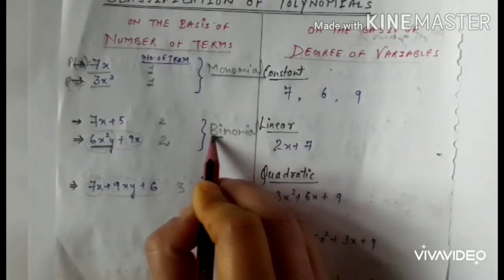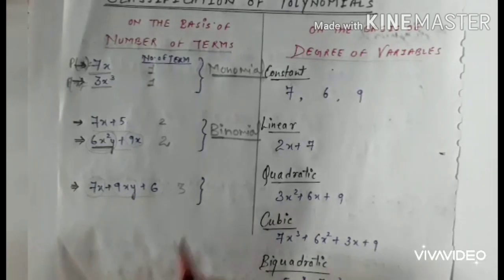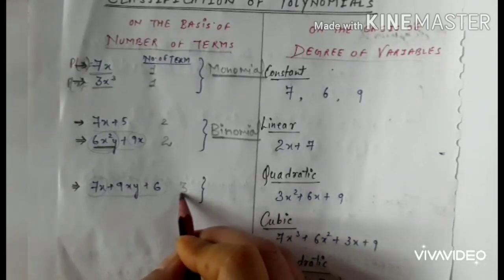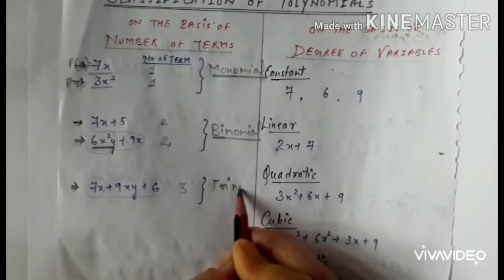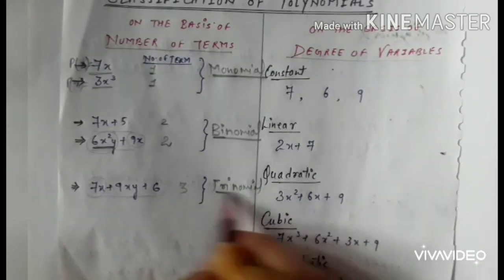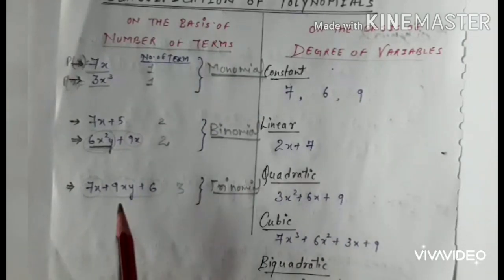Bi means 2, so it becomes a binomial. Mono means 1, so it is a monomial. Now when you have 3 terms, it is tri, because a triangle has 3 sides. We call it a triangle, tri means 3, so it is a trinomial. So when there is 1 term, monomial, when there are 2 terms, binomial, when there are 3 terms, it is a trinomial.